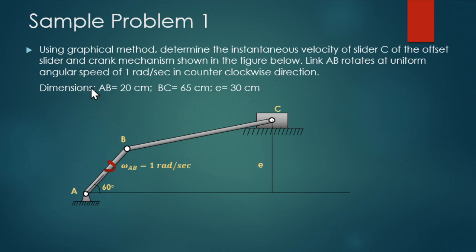And the angular speed of length AB in counterclockwise direction is 1 rad per second.